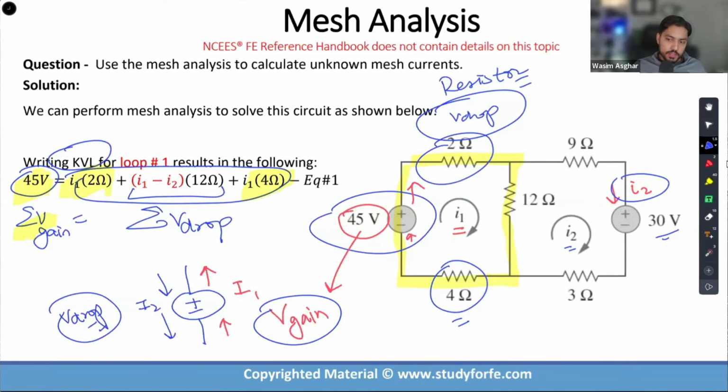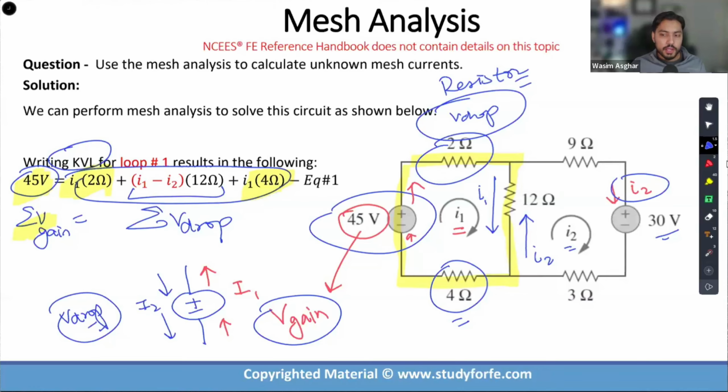Because when I look at the middle branch, I have I1 coming in from the top into the resistor and I2 entering the bottom. Hopefully this is already clarifying a few doubts that you guys probably had with regards to mesh analysis or general circuit analysis, this passive sign convention, and how we basically set up the voltage gains and the voltage drops.